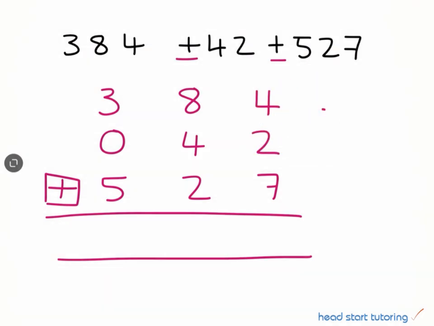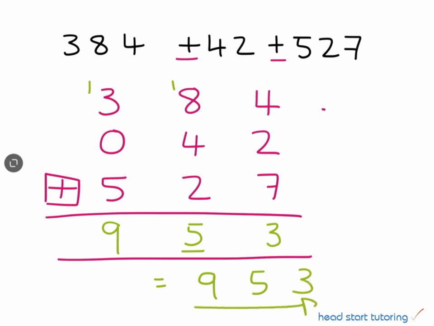So we've got 4 plus 2 is 6, and 6 plus 7 is 13. So we put our 3 there and carry our 1 over. We've got 8 plus 1 is 9, 9 plus 4 is 13, 13 plus 2 is 15. Put our 5 there and carry the 1 over. 3 plus 1 is 4, and 4 plus 5 is 9. So our answer is 953.